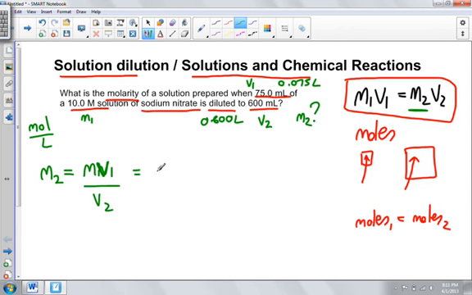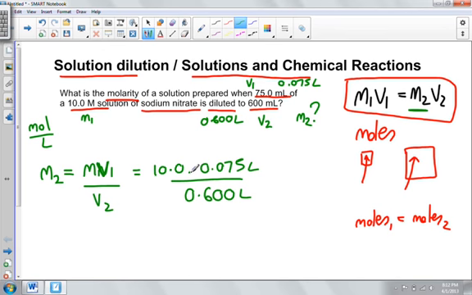M1 is 10. V1 is 0.075, and V2 is 0.6. Now, if you were to think about it, the units of the 2 volumes are liters. They will cancel out.